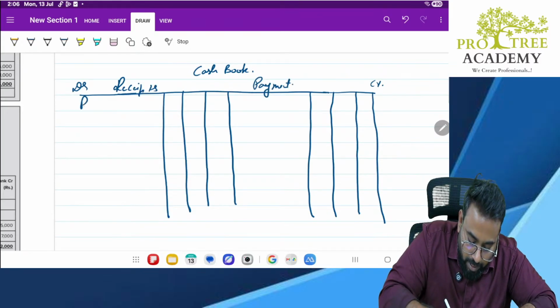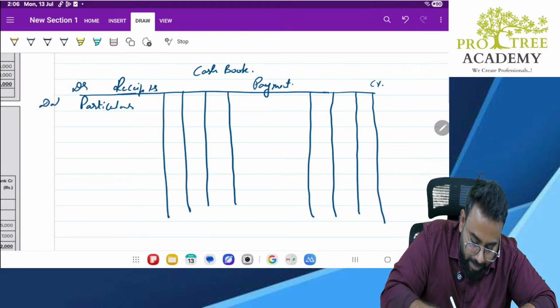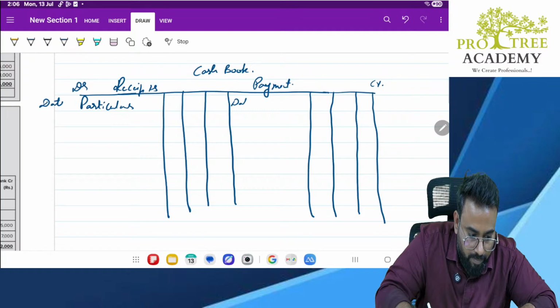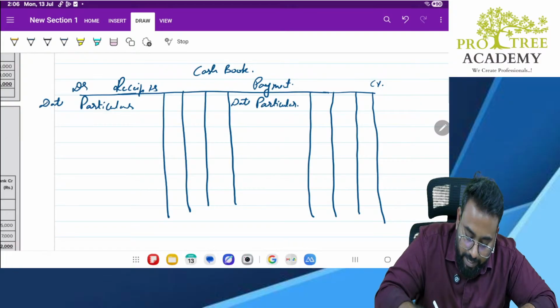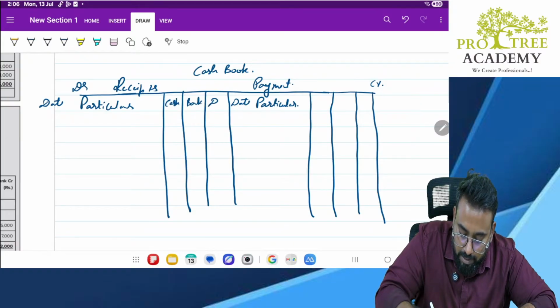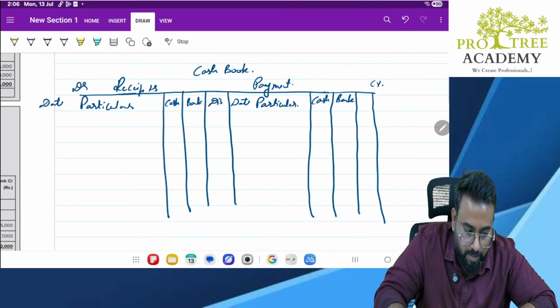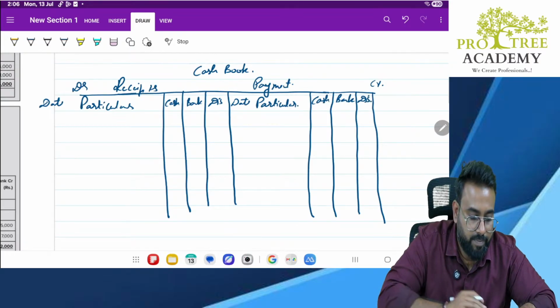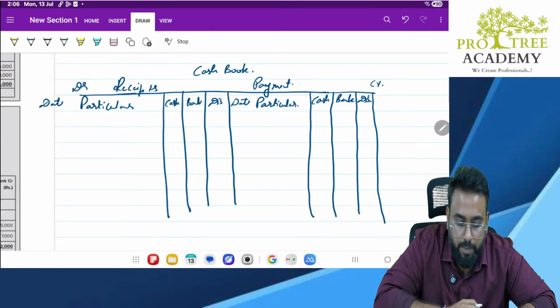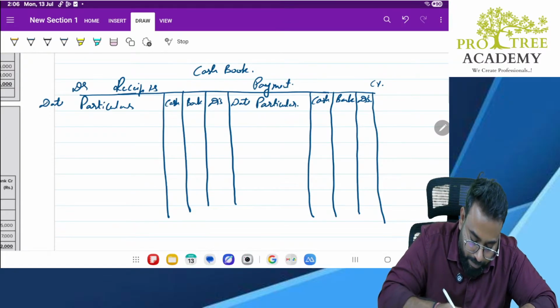Here it will be particulars. Here there will be date. And here it will be cash, bank, discount. Cash, bank, discount. Everybody is following?